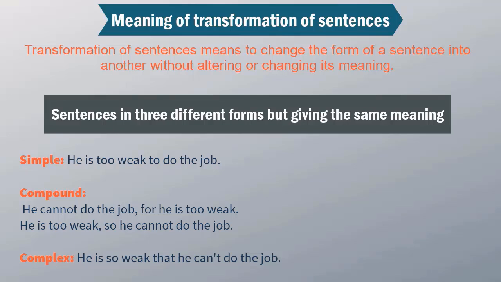All these sentences are talking about the same thing, in different structures, in different forms. The first one is a simple sentence. The second one is a compound sentence. And the third one is a complex sentence. But all these sentences give the same meaning, right? How to do this transformation, that's exactly what we are going to learn.